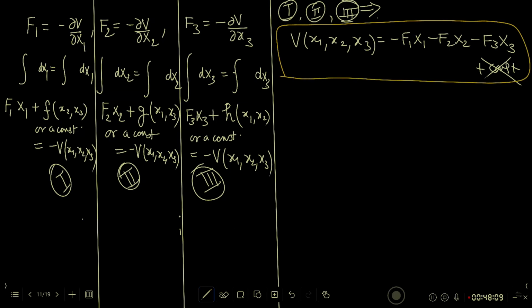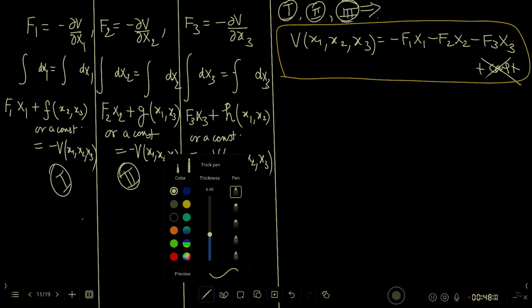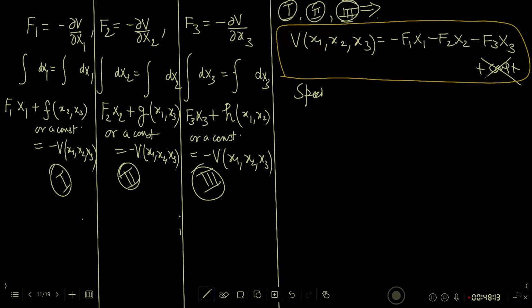Special case. Gravitational force acting downwards, coordinate system oriented in this manner.